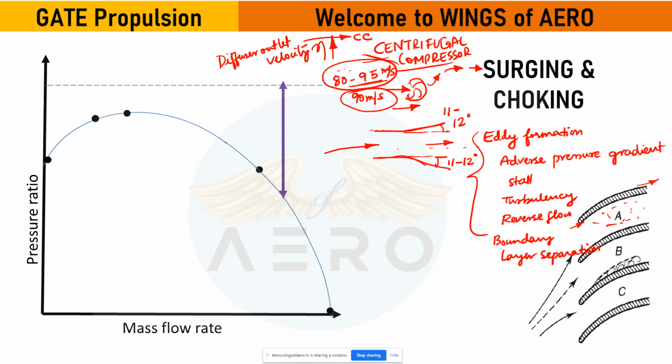This is regarding surging or choking, ma'am. No, this is not surging and choking. I have not come up with this topic. Before coming to that topic, I am just explaining what is happening if this happens. I have not come up with the surging and choking concept. To be frank, I didn't understand. Sorry, ma'am.